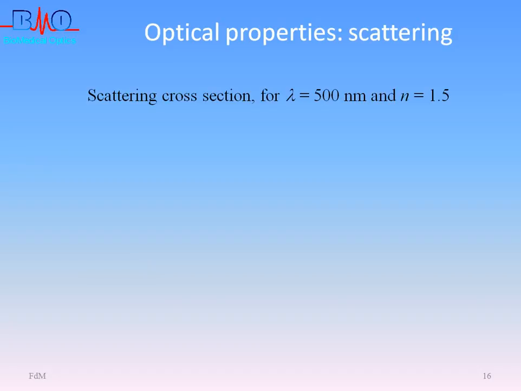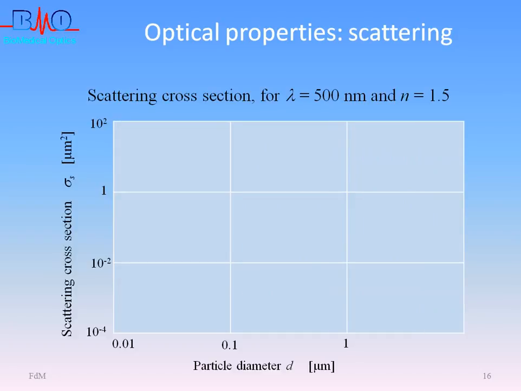Let's look at the optical properties. Here we have a plot of the scattering cross-section on a logarithmic scale, and here the particle diameter. And this is just a figure to guide the eye. This function will be derived, and it starts for very small particles with Rayleigh scattering.